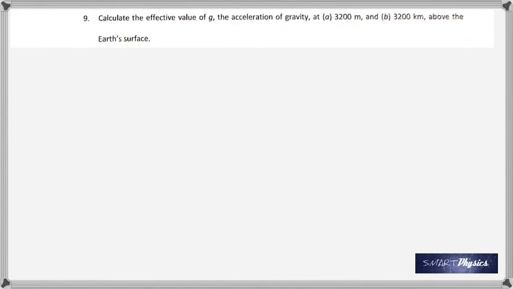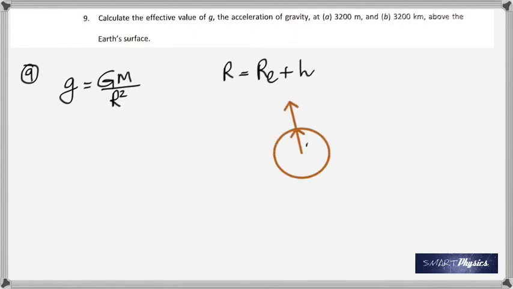And the 9th one, calculate the effective value of g at 3200 meter and 3200 kilometers above the Earth's surface. g is GM by radius squared. But in this case, the radius is the radius of the Earth plus the height, as you see, because that's the total radius, right? Radius of the Earth plus the height.